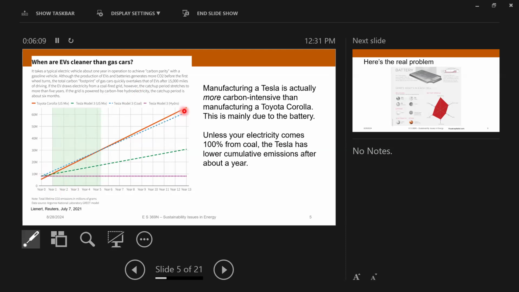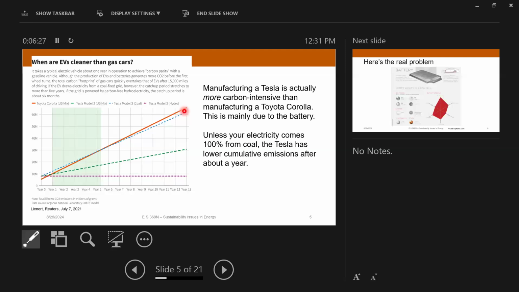Yeah, question over here. Does battery efficiency play into this here? That is a good question, insofar as it affects how frequently you have to charge.